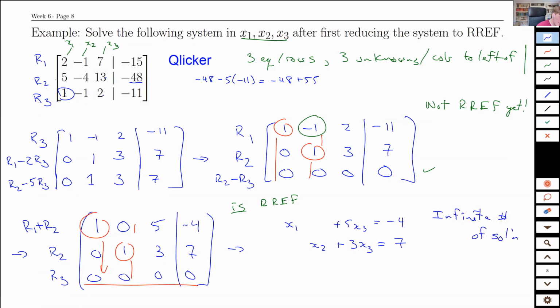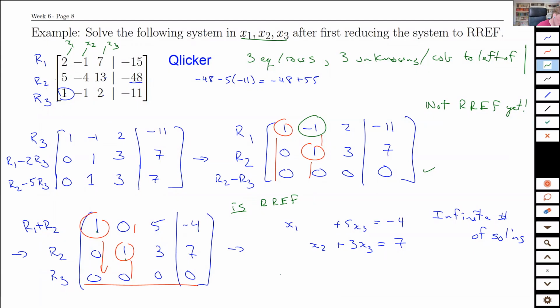And I'll start introducing the terminology that we frequently use here. If you look at the leading 1s here, you can think of that as x1 is equal to some stuff and x2 is equal to some stuff. Notice there's no condition on x3. It's in the equations, but we could theoretically pick it any way we like.